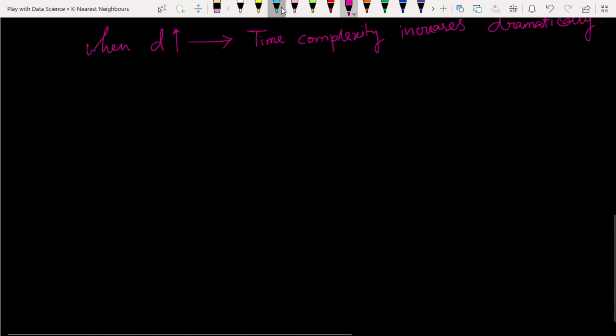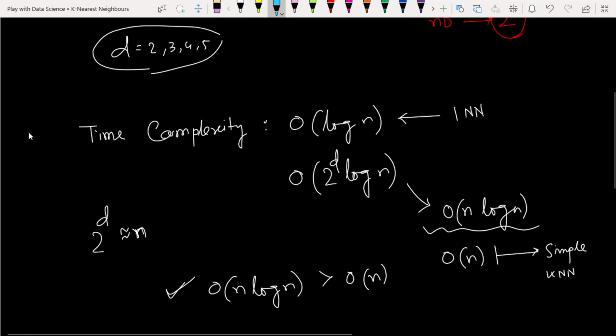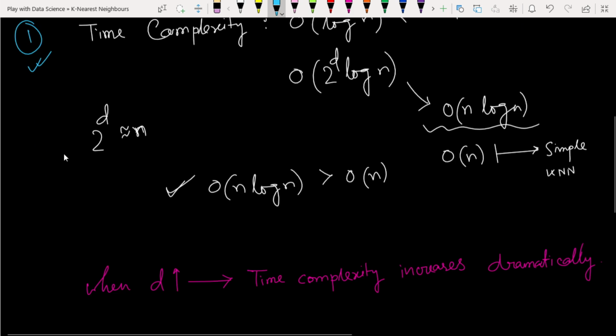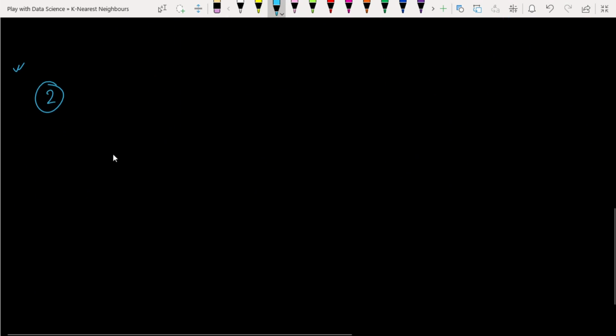Another main problem here is if our data is not uniformly distributed. This is the first problem, and the second problem is that suppose our data is not uniformly distributed.